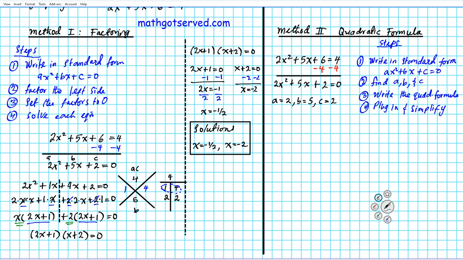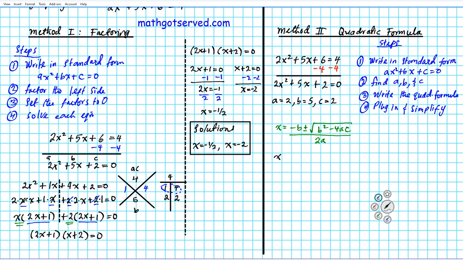All right, step number 3 says you write down the quadratic formula. So let's go ahead and write it down. The quadratic formula is x equals negative b plus or minus the square root of b squared minus 4ac, all that divided by 2a. Now we're going to go ahead and substitute.